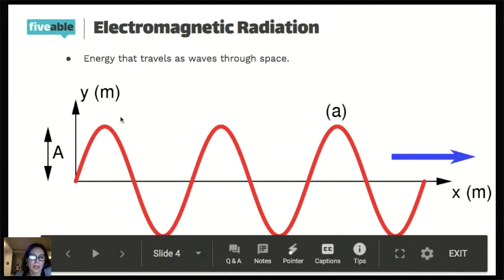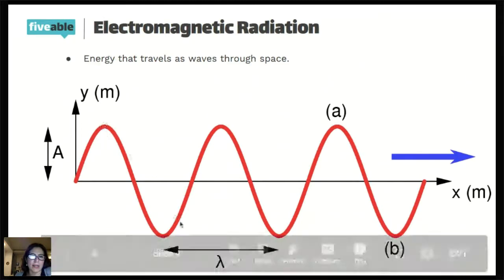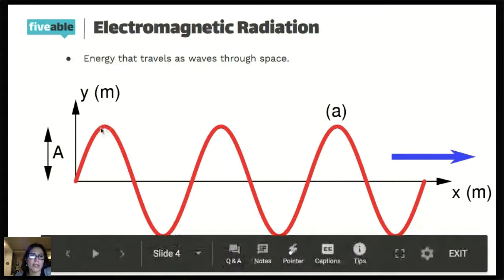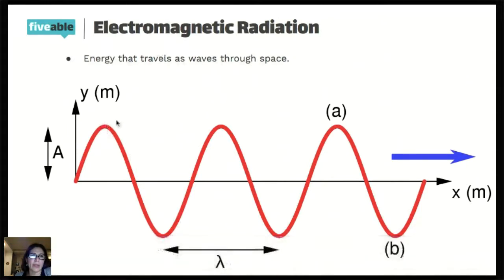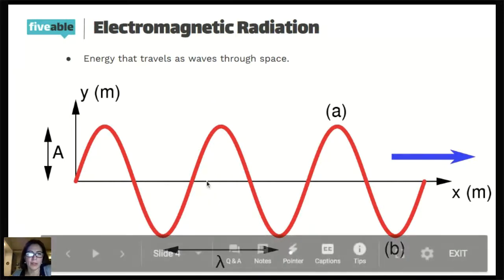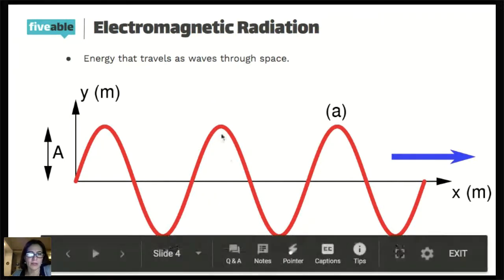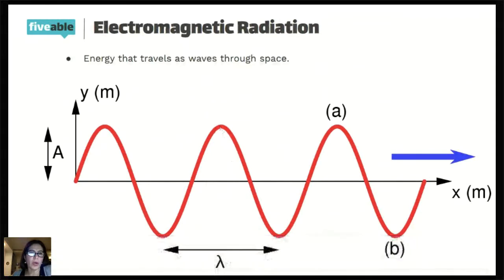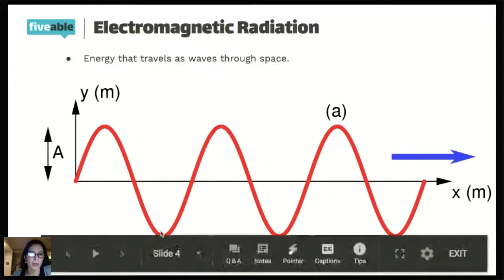And then you can also get a wavelength from here. It's labeled on the bottom. Or it could be any point of the wave to any other point of the wave. We can also measure the amplitude, which will be from the resting point to the crest, the highest point, or from the resting point to the trough, or the lowest point.